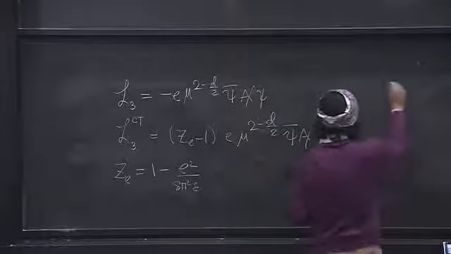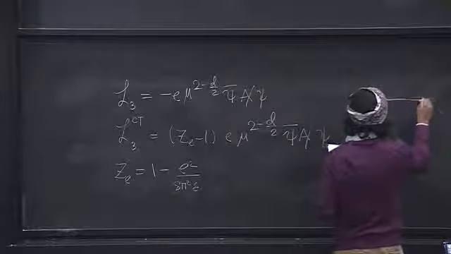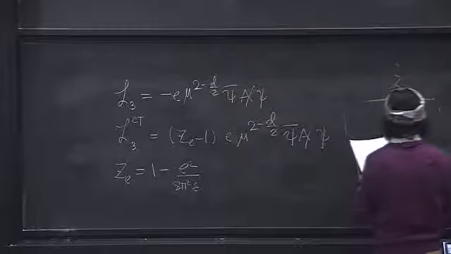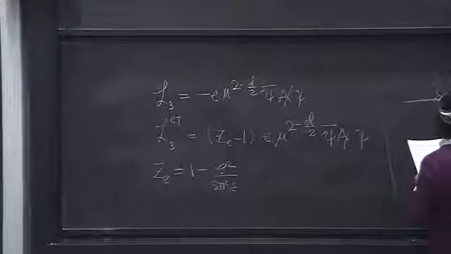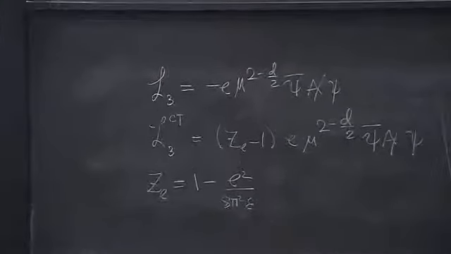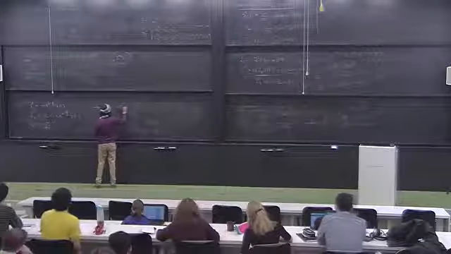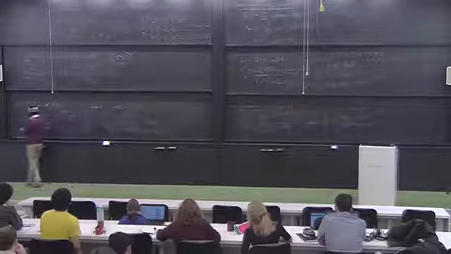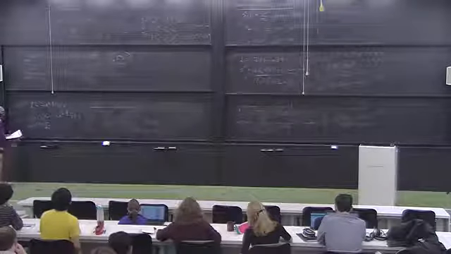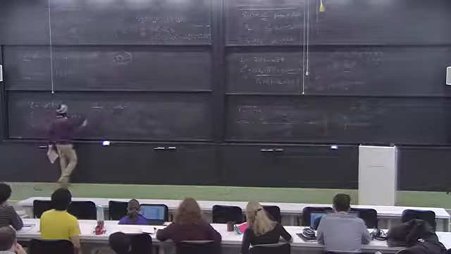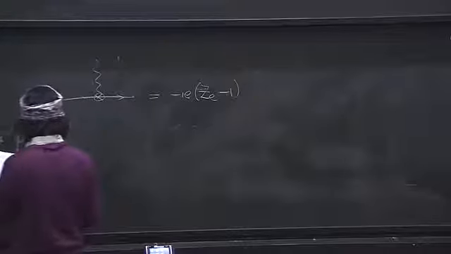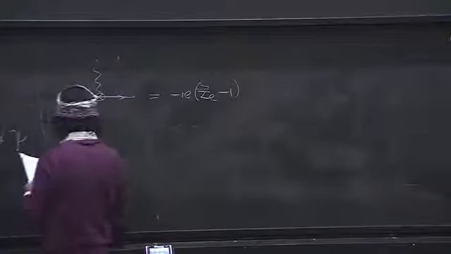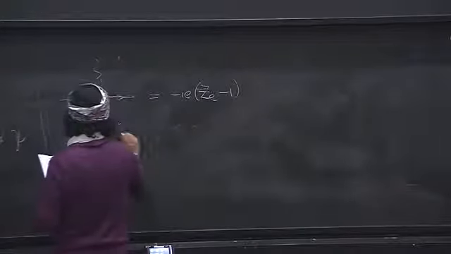And then we also have the Feynman rule, for which we have to add 1 minus E times Z_E minus 1. So putting all of this together, the bare QED Lagrangian is going to be this.